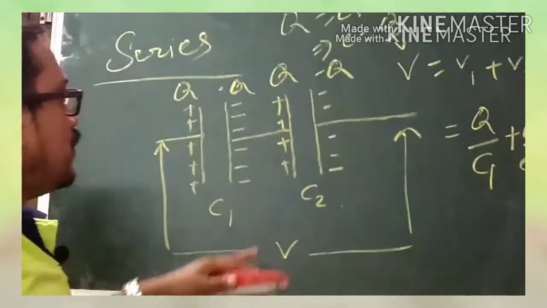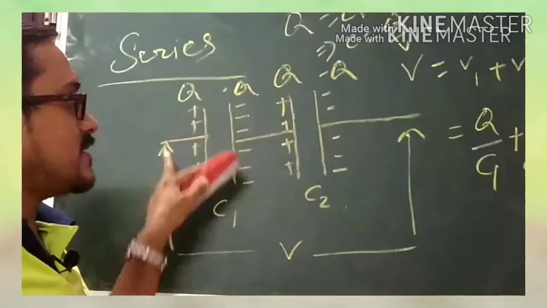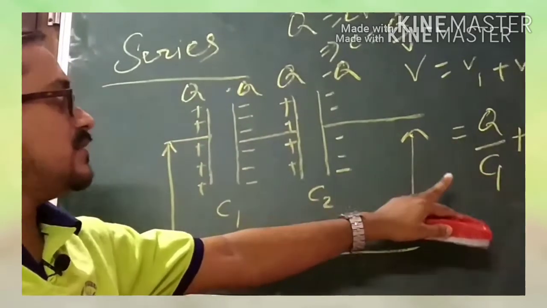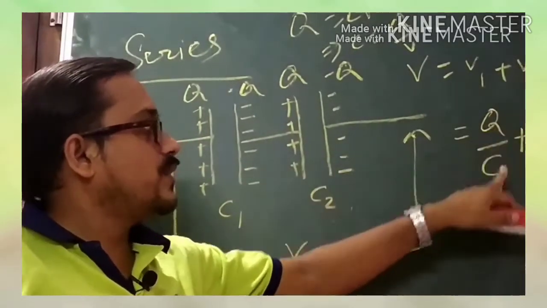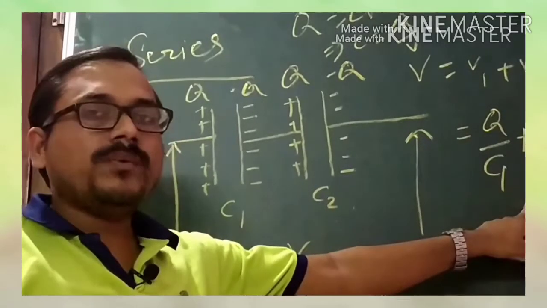As we know, in series combination the charge Q is constant in both capacitors. So we have V1 equals Q by C1 and V2 equals Q by C2.